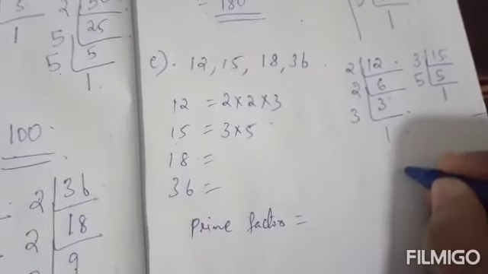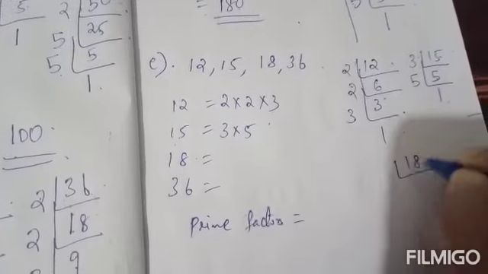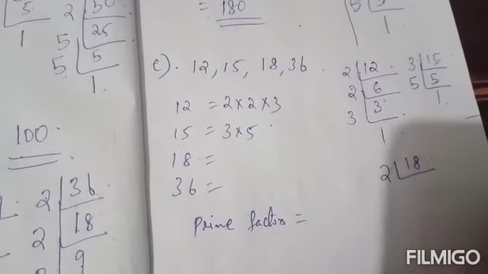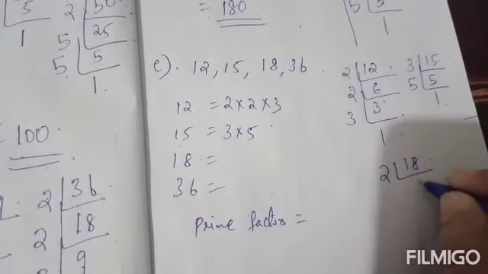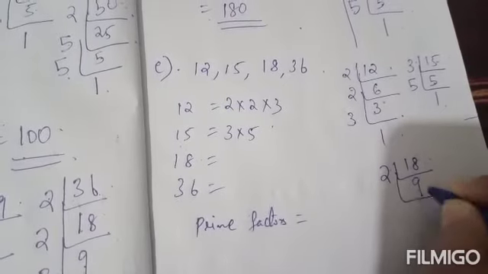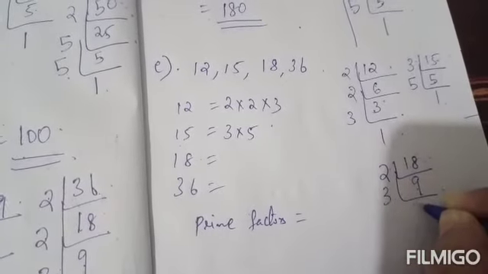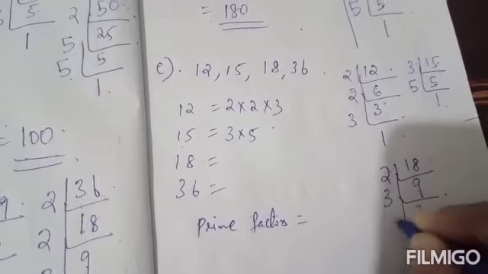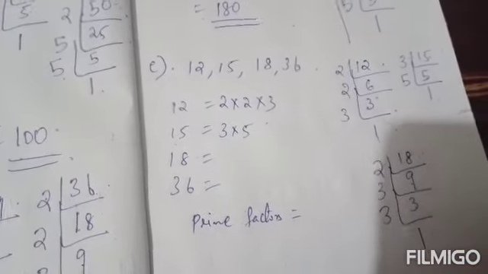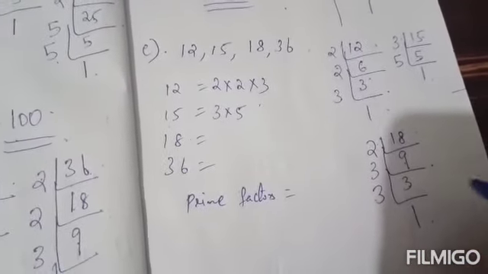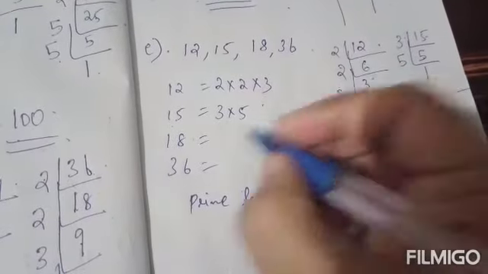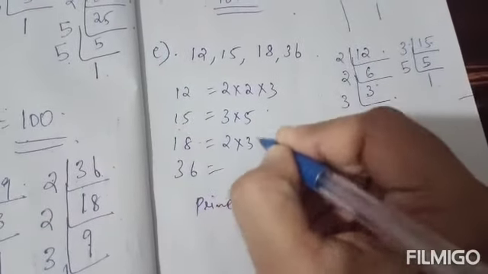Then 18. 18 you can divide by 2, 9. 9 on dividing by 3 you will get 3. 3 divided by 3, 1. So 18 equal to 2 into 3 into 3.